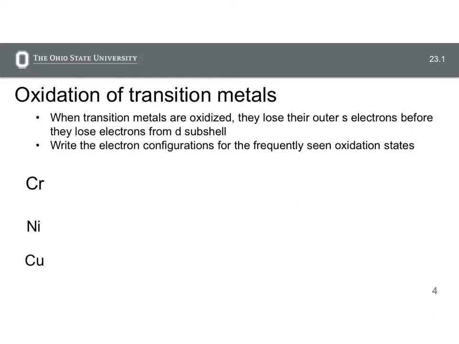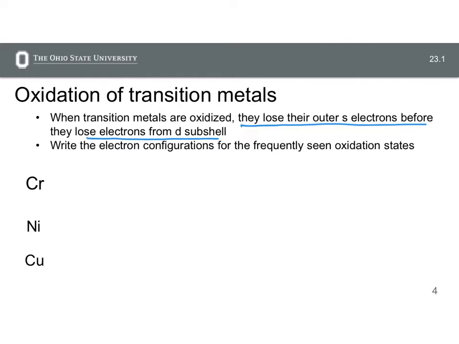Okay, so then we also need to think about oxidation of these metals, transition metals. Formation of ions, so loss of electrons to form the ions. So the good rule to remember is that the elements will lose outer s electrons before they'll lose the 3d, so 4s before 3d electrons.